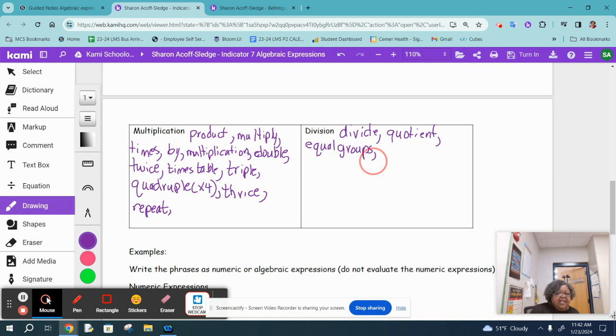To do something in equal groups, you have to divide it into equal. Yes. Equivalent groups or equivalent sections. No, it wouldn't be decrease. Decrease is subtraction. What about half? Half means what? Divide by 2.